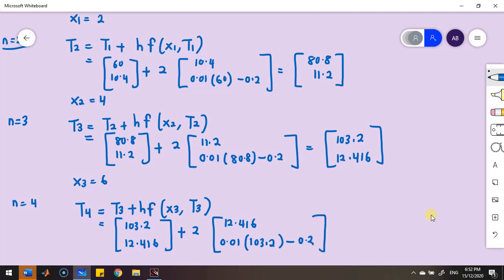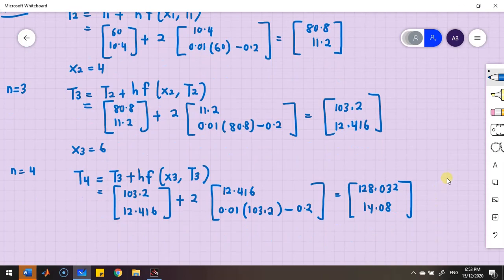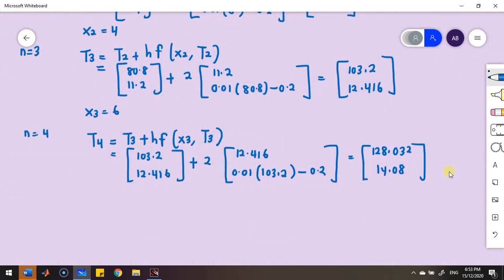Okay, now the same thing, finding this value here gives you 128.032 and 14.08. This is a very simple operation here, so you just have to use your calculator. Okay, so we have obtained x4 at 8.